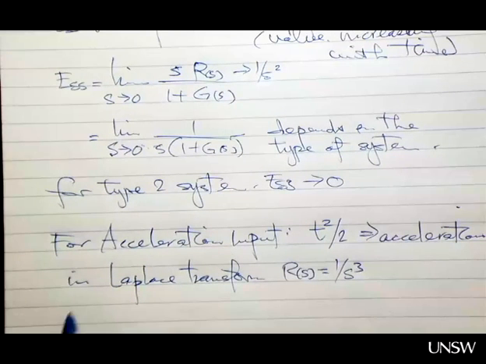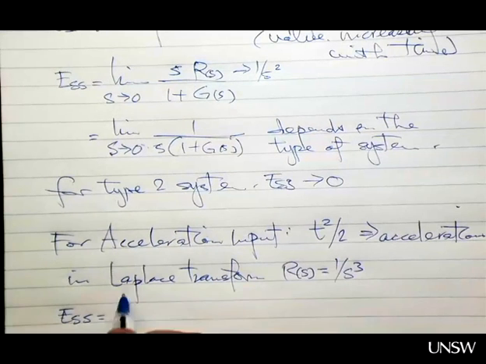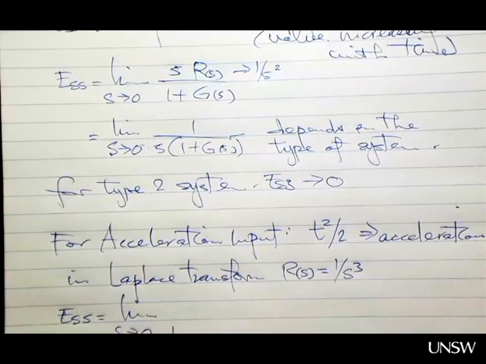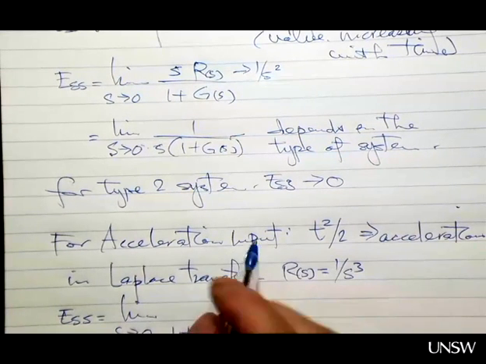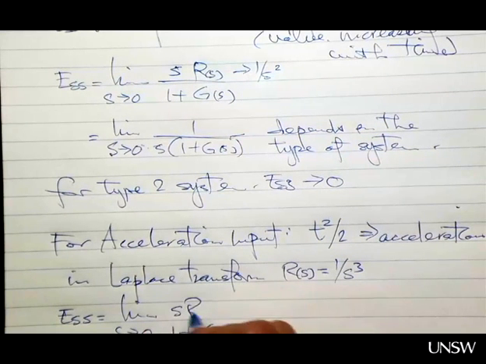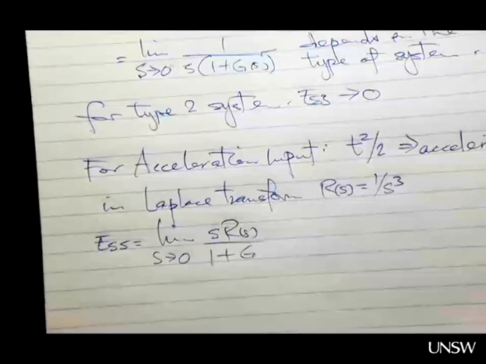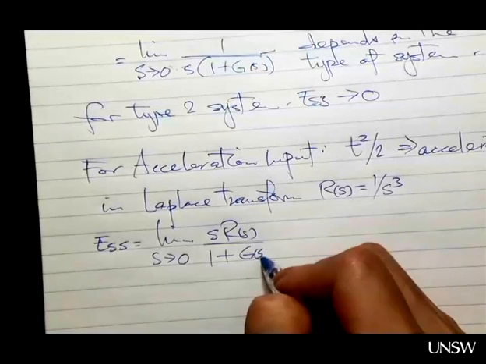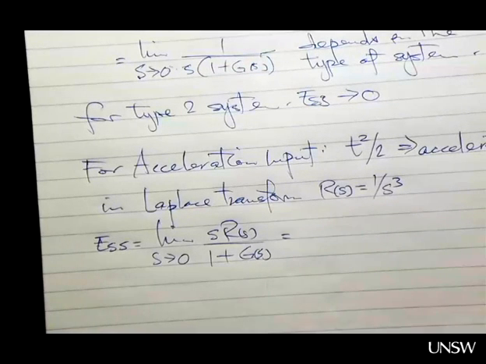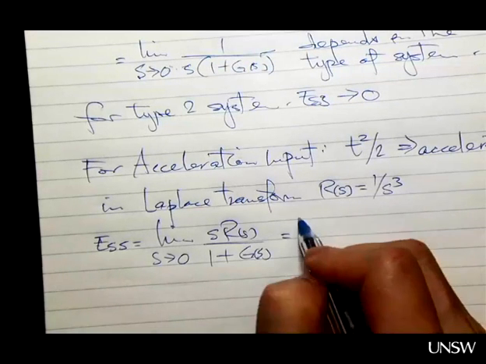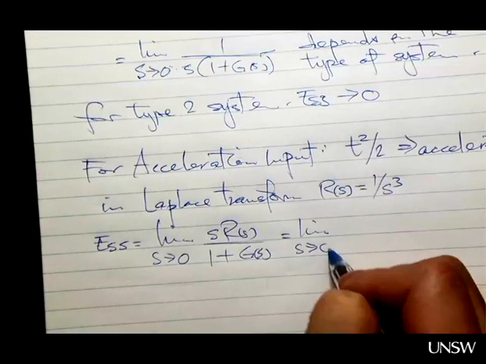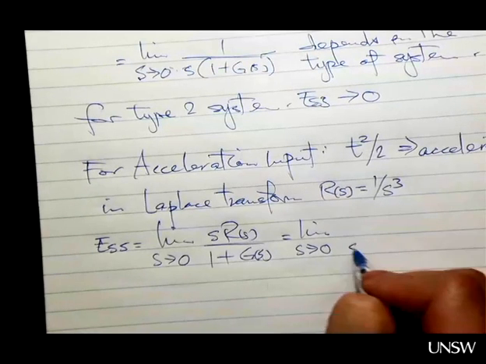So our steady state error is the limit as s goes to 0 of s R(s) over 1 plus G(s). Then we have the limit as s goes to 0 of 1 over s squared G(s).